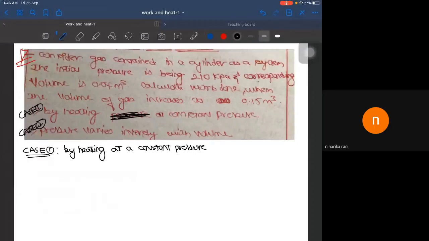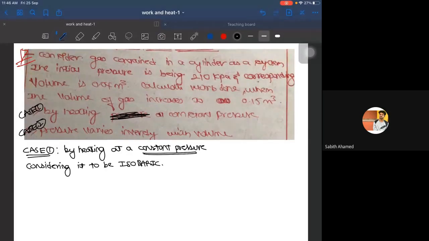Isobaric. So considering it to be an isobaric process.